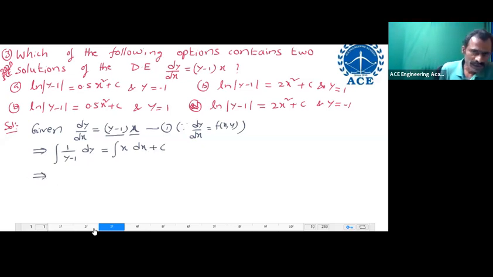What is the integral of x? x squared by 2. What is the integral of 1 by x? log x. Like that, the integral of 1 by (y minus 1) is log of modulus of (y minus 1). So its solution is log of modulus of (y minus 1) equals x squared by 2 plus c. It is a general solution.